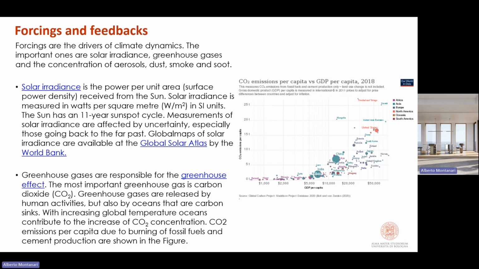And there are also different colors for different continents. And also there is the detail of the United States and other specific countries. And now you see that the strong emitters are United States, Kuwait, the United Arab Emirates, and China is rising up sharply, which is something that is perfectly normal.